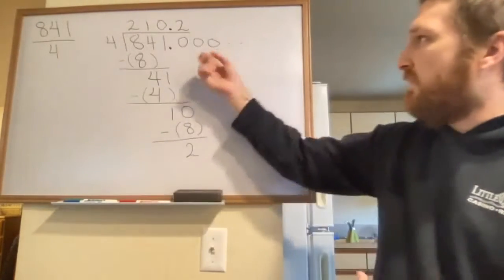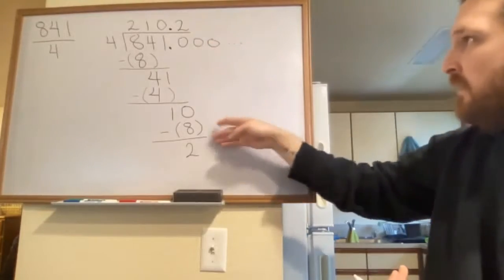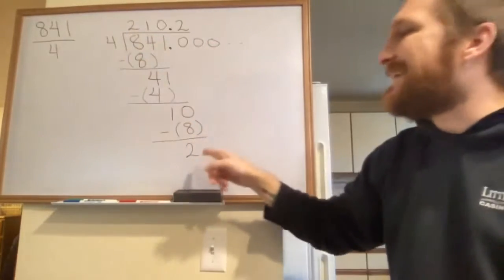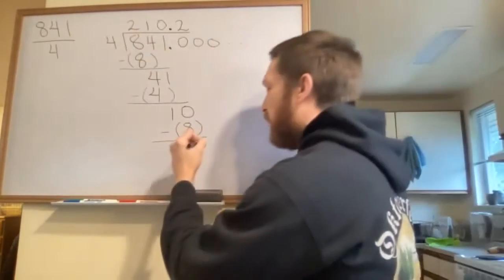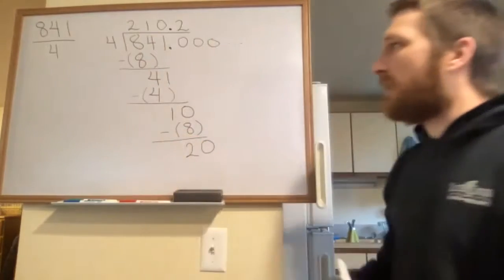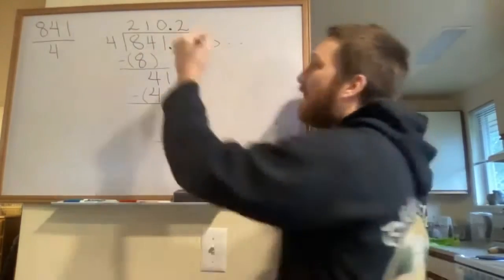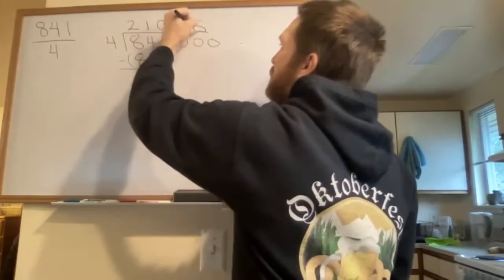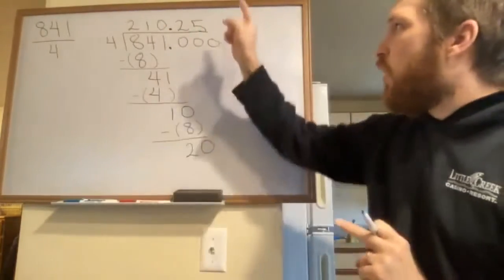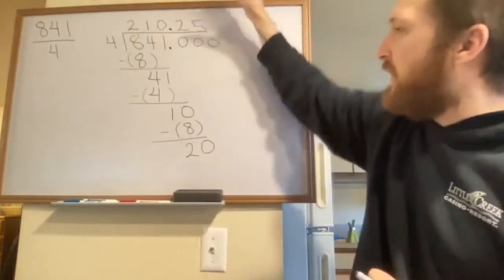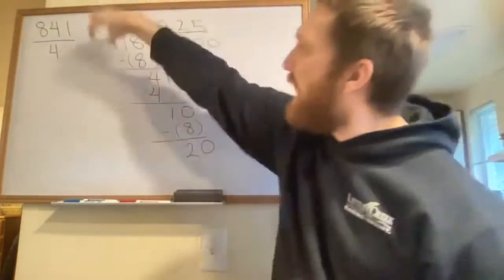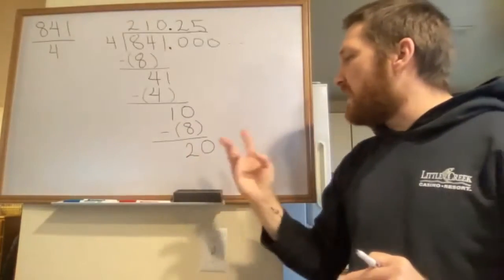And now we're kind of in the same place as before. And it's like, well, I have infinitely many zeros to drop down. 4 does not go into 2, so I need an extra 0. Now I have 20. 4 and 20. You put 5 up top because, in other words, what I'm asking myself is, what number do I put right here? So what number times 4 gives me that number?